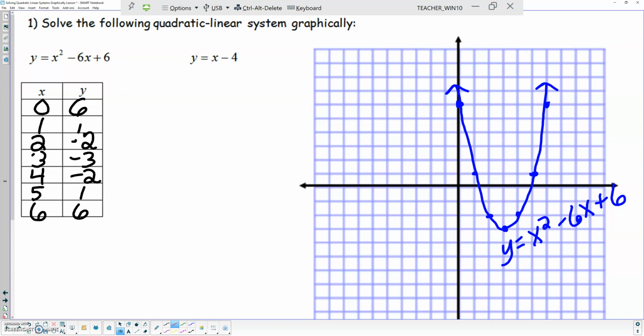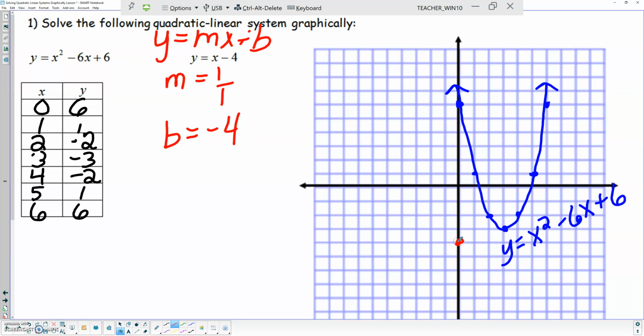So now I'm going to come over to my line. Remember, when we graph lines, we like it to be in the form y equals mx plus b, where m is our slope and b is our y-intercept. So here, our slope is the number in front of x, which is 1, so my slope is 1 over 1. And my y-intercept is -4.